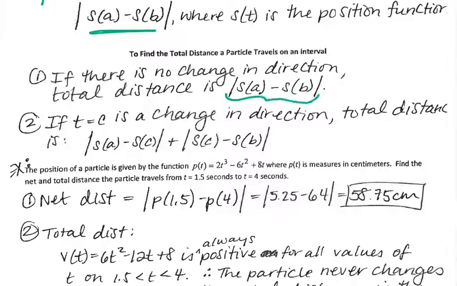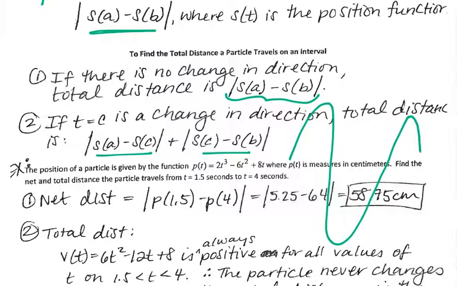So this was displacement. If there is a change in direction, total distance is found by taking the difference in position every time it changes direction. So for example, if we had a graph that went like this, you would find the distance traveled on this section, then the distance traveled on this section, down here, then the distance traveled here, and then finally this last section.